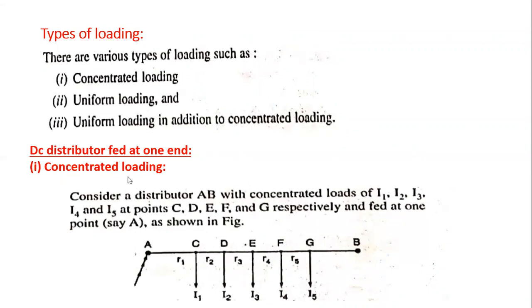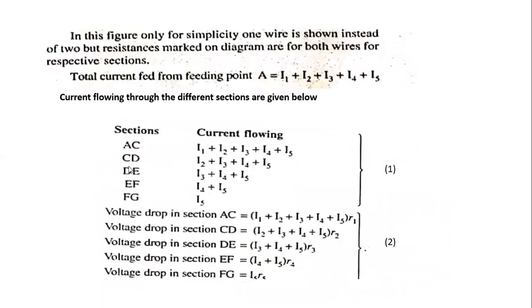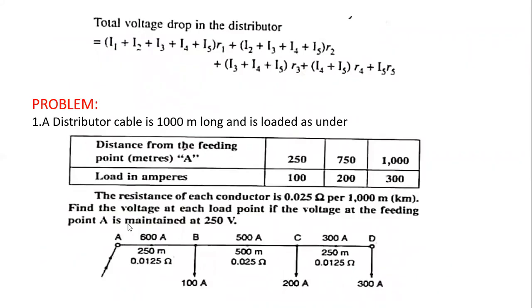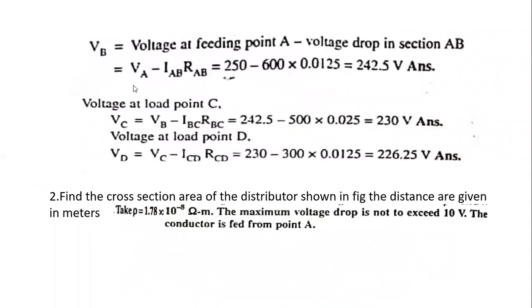This is the problem related to distribution fed at one end, the A end point, where 250 volts is feeding this distributor, and these are the various point voltages.